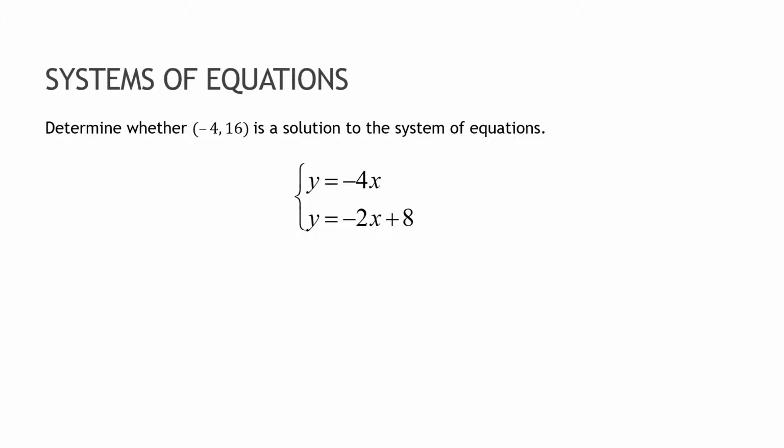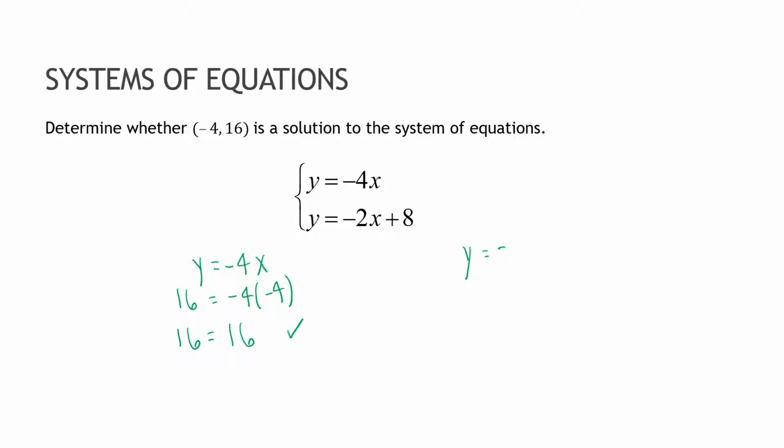Here, we're just asked to verify whether or not something is a solution. So to do that, essentially, I'm going to take my first equation, and I'm going to replace x with -4, and I'm going to replace y with 16, and I'm going to verify that those two sides equal. -4 times -4 is 16, so it works. And because it works for the first one, I will check the second one.